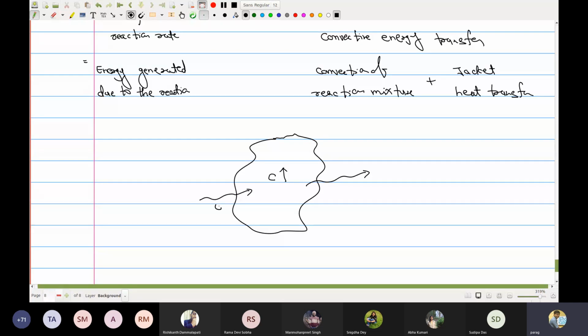So this is E in, E out, and at steady state, the amount of energy generated by your reaction becomes equal to the amount of energy taken out of the system by the jacket, or in the reverse manner, the amount of energy consumed by the reaction is equal to the amount of energy supplied by the jacket fluid and the convection of the reaction mixture. So these two become equal, right?